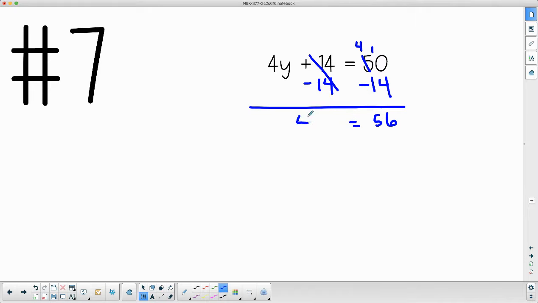So we have 4y equals, oh, that was not 56. I added. How about 36? There we go. So the opposite of timesing by 4 is to divide by 4. So those are canceled out. So y equals 36 divided by 4.